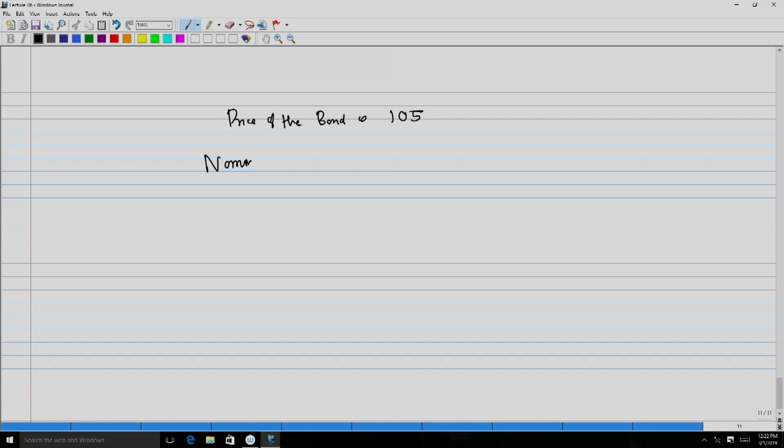So, there is one last missing piece of information that you have not included, and since we are talking about coupons and pure discount bonds, we need to have a nominal value. The nominal value for all the 3 bonds is 100, or the face value is 100.